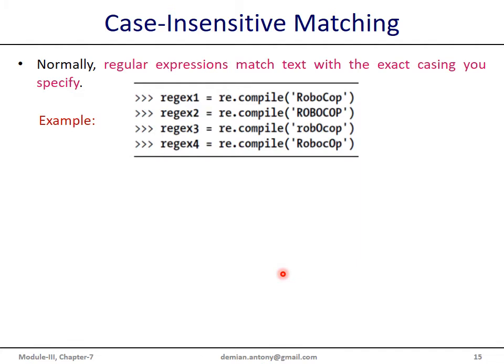Case insensitive matching. Normally regular expressions match the text with the exact casing that we specify in the regular expression. For example, if you want to match only the capital text of Robocop, then we have to specify the regular expression like this.